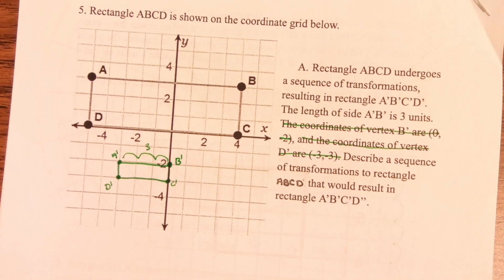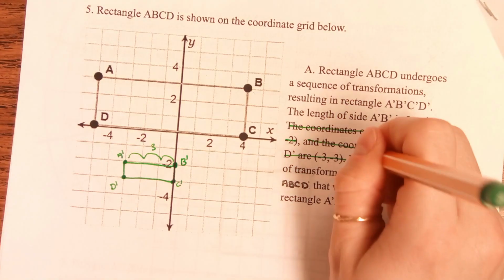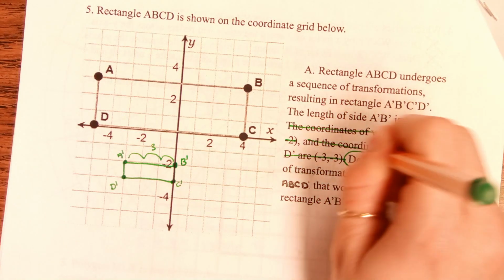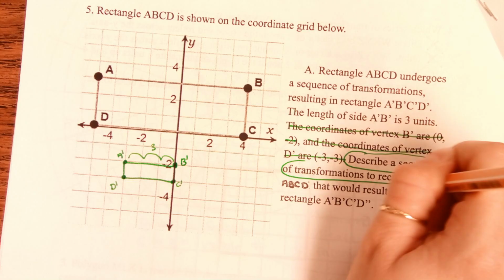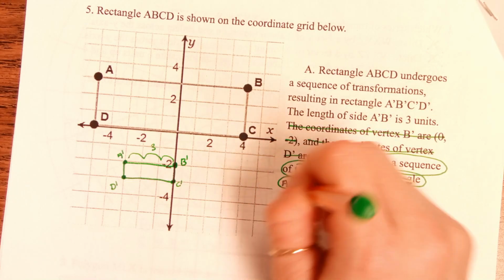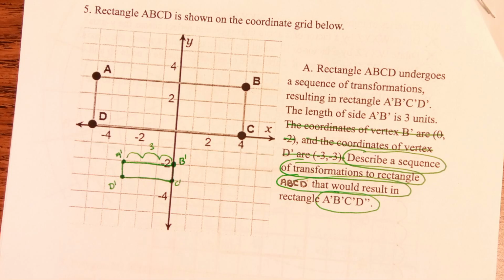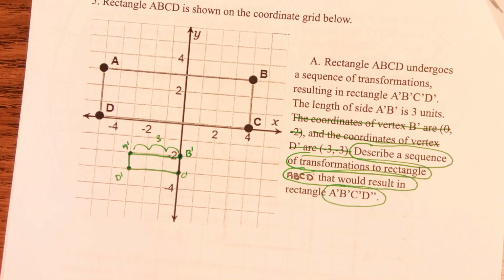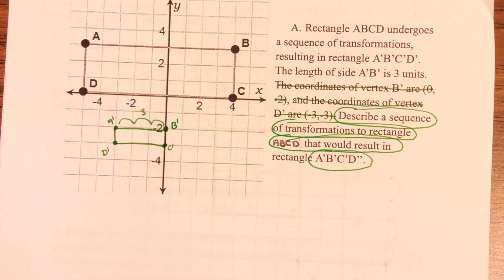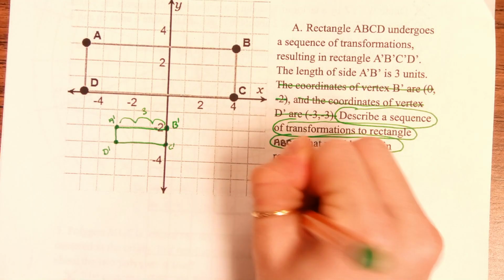So when we are doing a sequence of transformations, we just have to write it in order. So 1. What would be the first thing we would do to this to get this? To get the big one to the small one, what would be the first thing you would do?